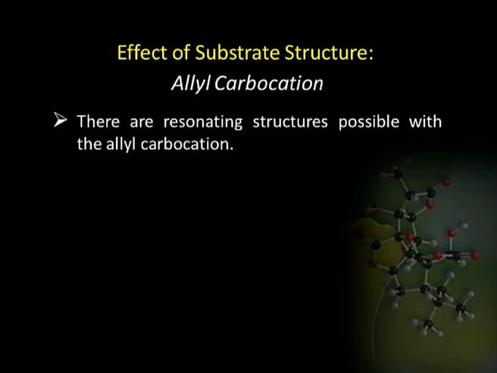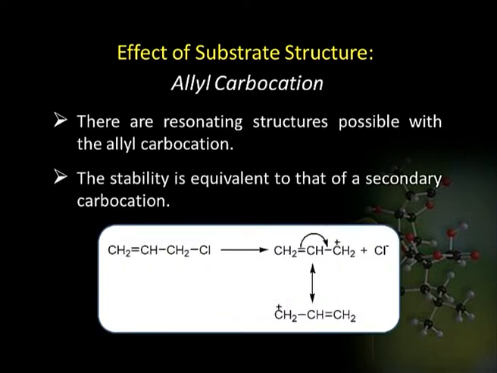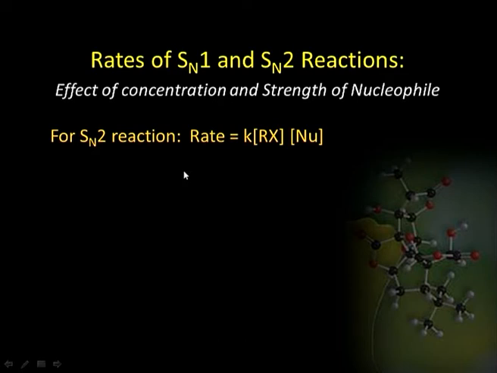The resonating structures are possible with allyl carbocations also, and the stability is equivalent to that of a secondary carbocation. As you can see here, this allyl halide gives a carbocation which is in resonance with the other structure. Therefore, it also stabilizes the carbocation. The rates of SN1 and SN2 reactions are affected by the concentration and strength of nucleophile, and the rate of SN2 reaction is proportional to the concentration of the alkyl halide and the nucleophile.